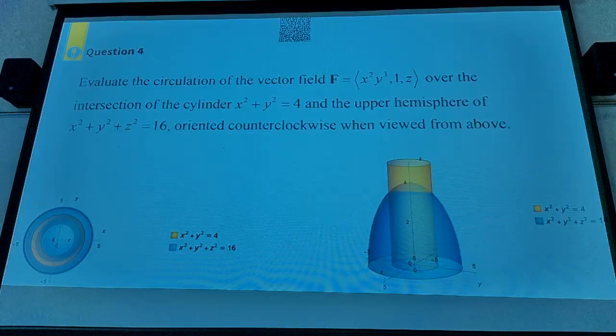No, it's not. So that was the sum of it.